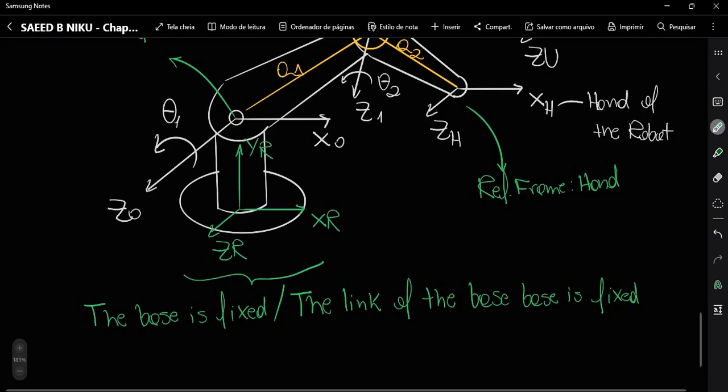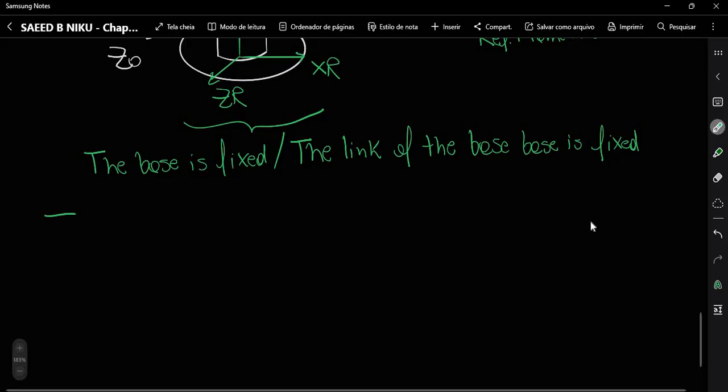So it won't count in the transformation equation. So let's write a transformation equation.